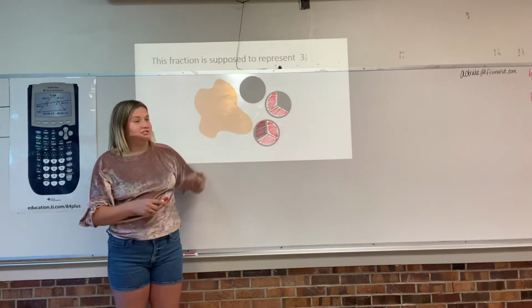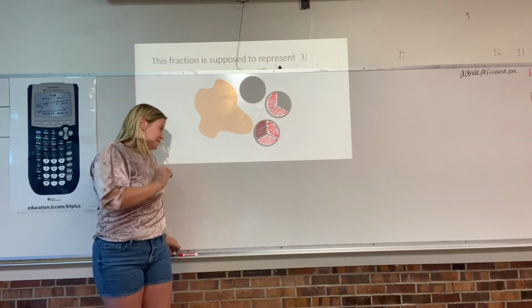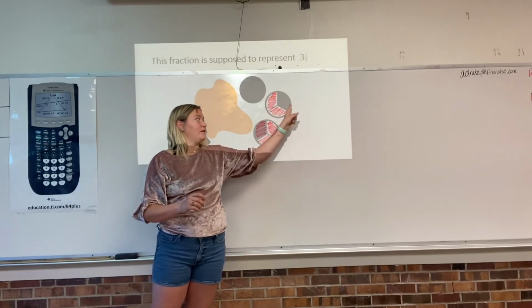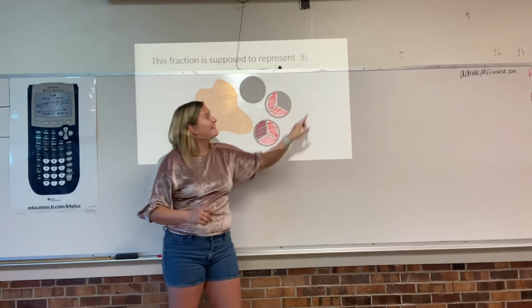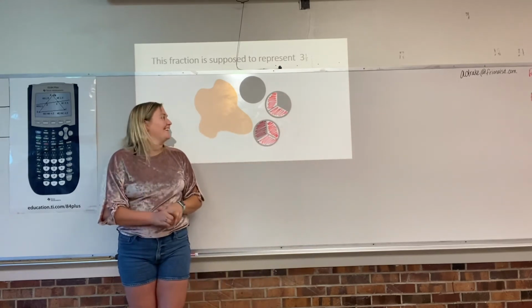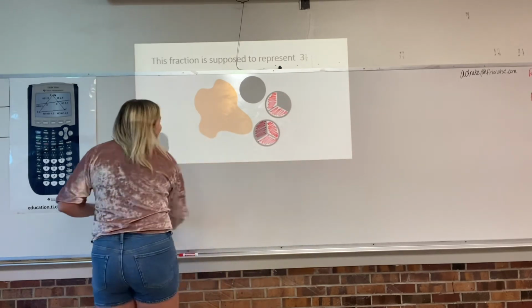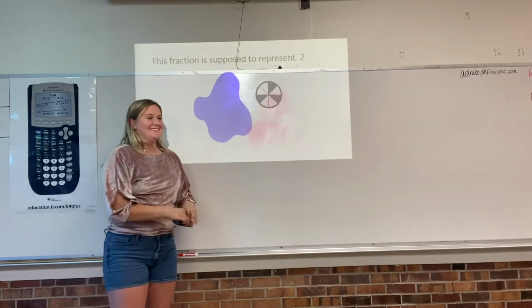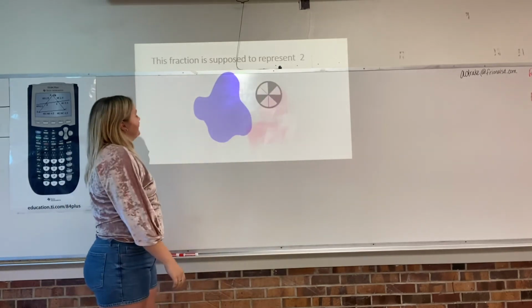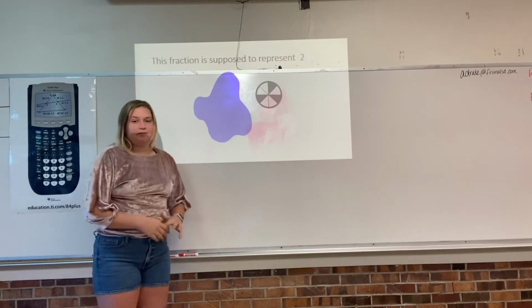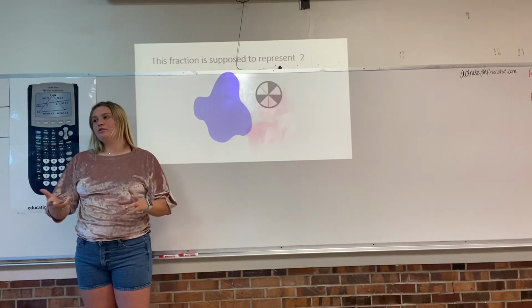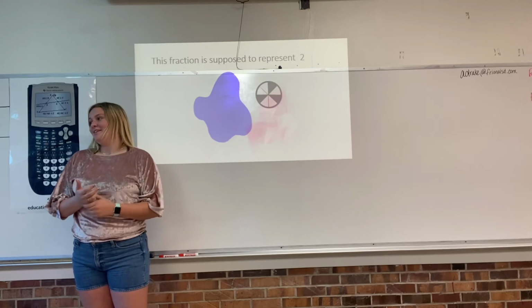How many red parts do we have? 5. 5/3. There we go. Okay. Let's move on to the last fraction. So what was the answer? 5/3. 1 2/3. 5/3 or 1 1/3. 1 2/3.